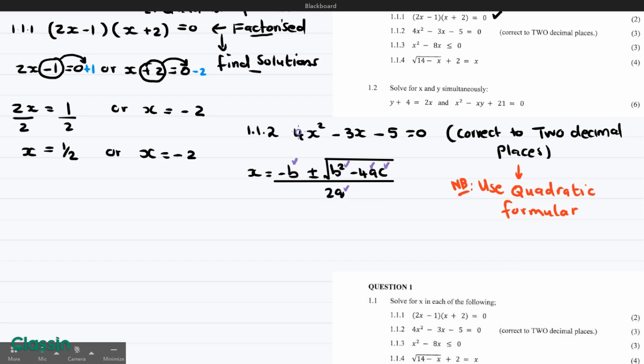The number that goes with x squared, we call it a. Then the number together with its sign that goes with x, we call it b. Then a constant number together with its sign, the number without x, we call it c.